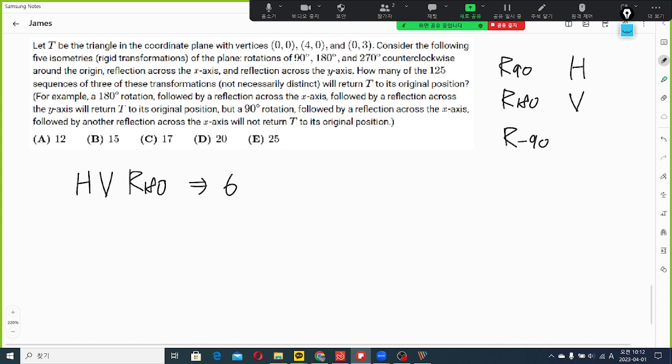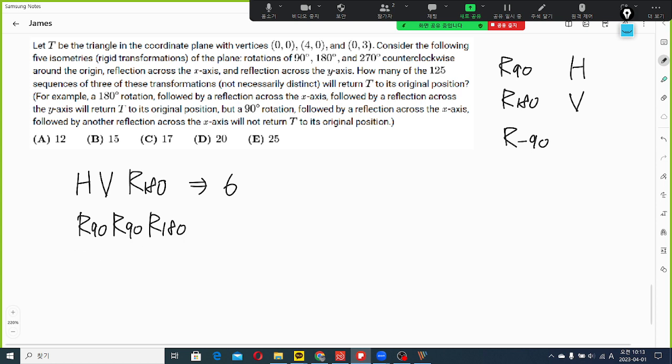And if we don't want to use the reflection, we can only use the rotation. The sum of the degrees should be 0 or 360 degrees to send it back to the original position. If we choose R90, to make it 360, we need to use another R90 and then R180.